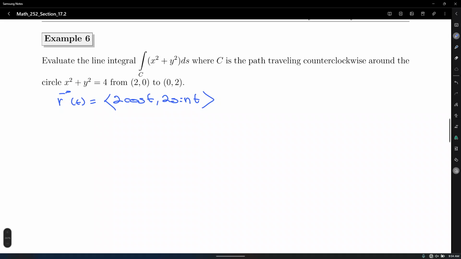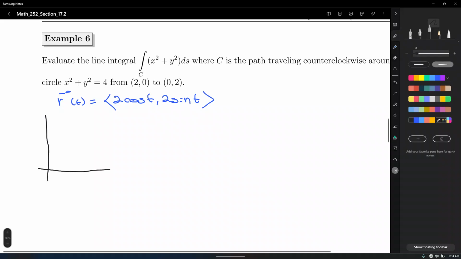What part of the circle is this? It's just the first quadrant, a quarter of a circle. Let's plot that, and we're going to use that information to easily see the limits of integration. So that is 2, 1, 1, 2.